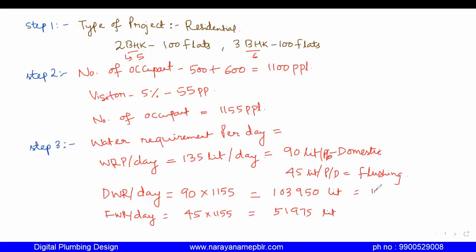So it will be how much? 104 cubic meter and 52 cubic meter. I'll just write down that 1 cubic meter is equal to 1000 liters, right? Let me save this.